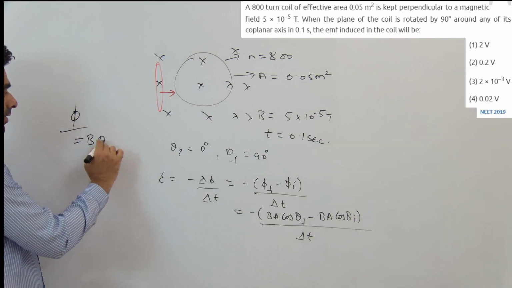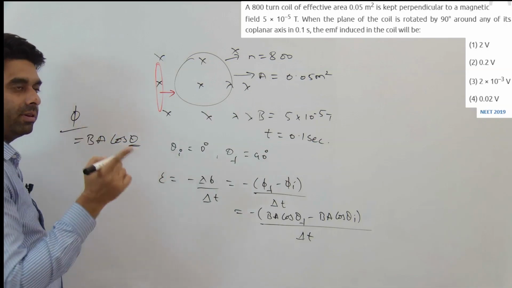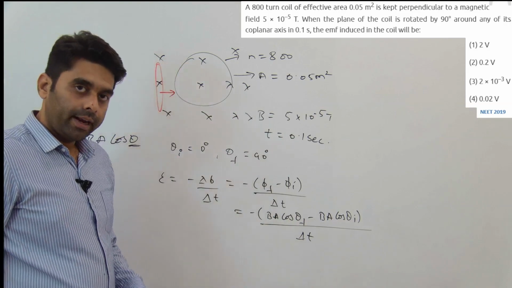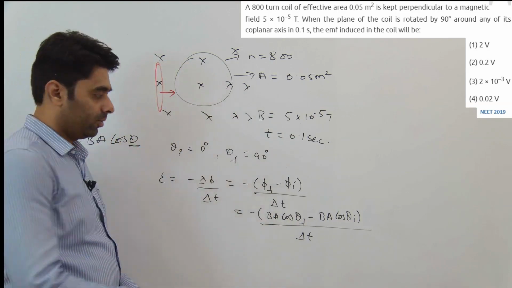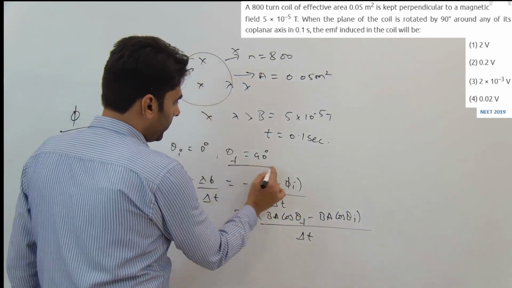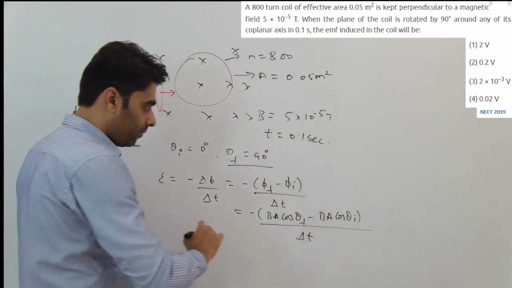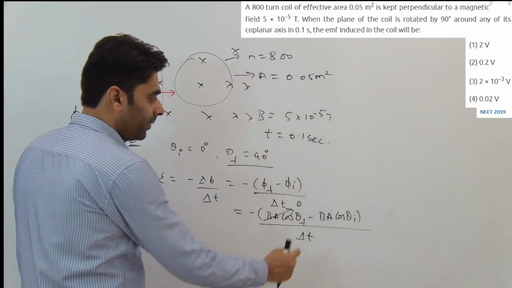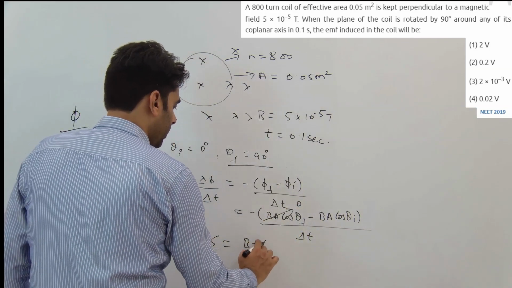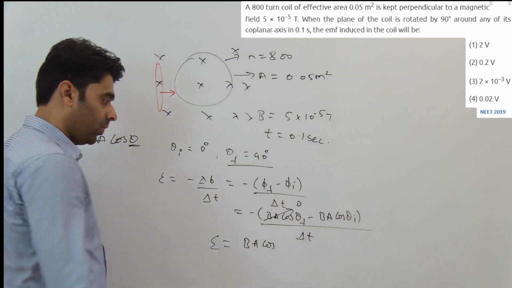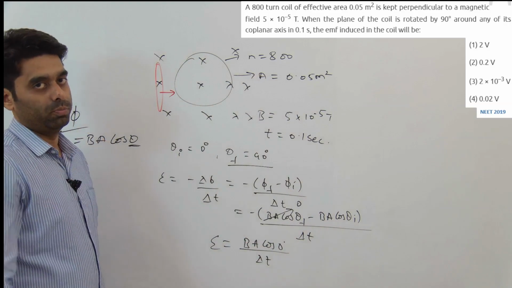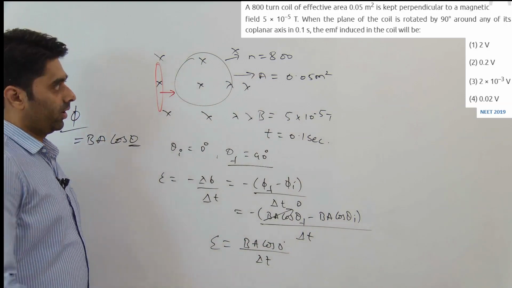Theta, the angle between magnetic field and area vector, will be changing when it is turned by 90 degrees, and BA is constant. Theta final is 90, cos 90 will be 0, therefore this term becomes 0 automatically, and this will be minus minus plus, so our E value comes out BA cos theta initial, which is 0, divided by delta t. This is for one loop.